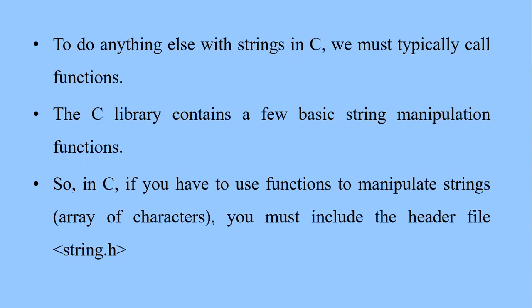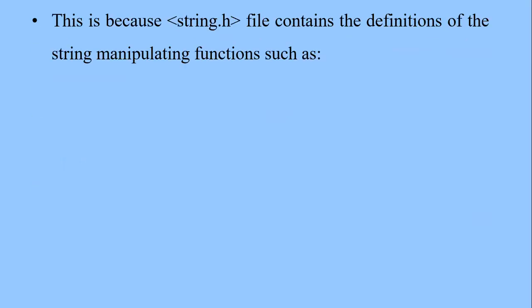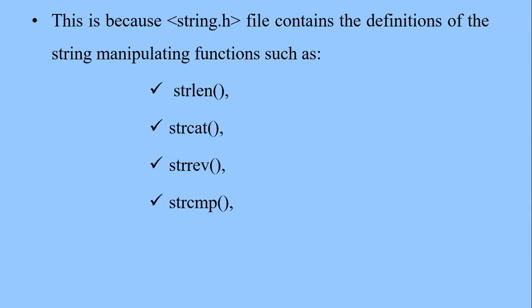That is the header file called string, which contains the functions to manipulate strings or characters. This is because the header file string.h contains the definitions of the string manipulating functions such as strlen, strcat, strcpy, strcmp, amongst others.